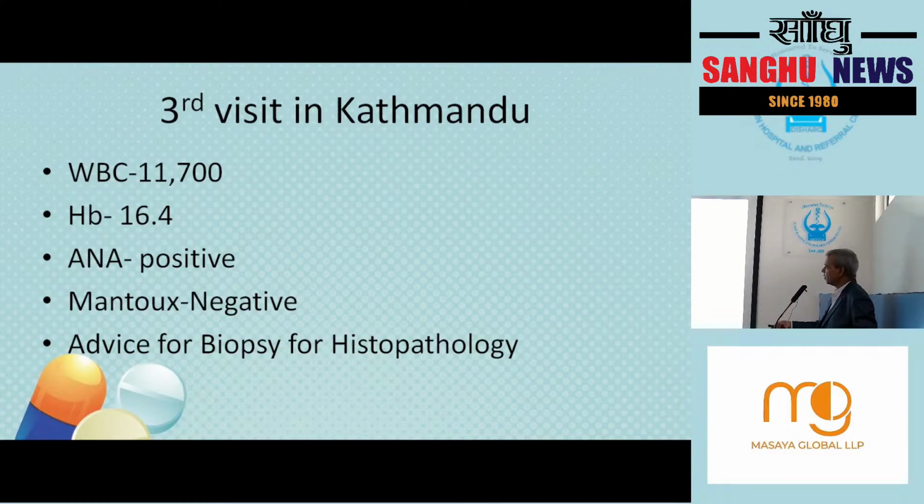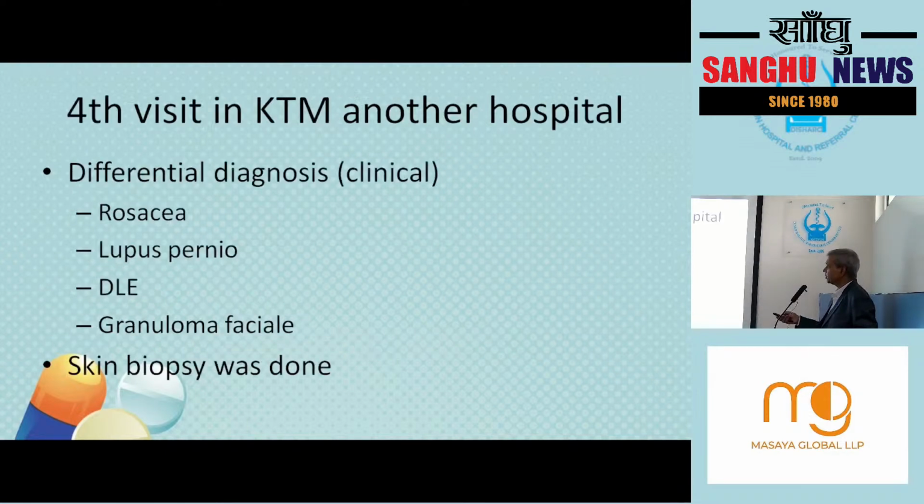ANA positive, Mantoux test negative, advised biopsy for histopathology. In that setup it was not available, so he was referred to another hospital for the biopsy with the differential diagnosis. We can see it on the nose: rosacea, lupus pernio, DLE, granuloma faciale.